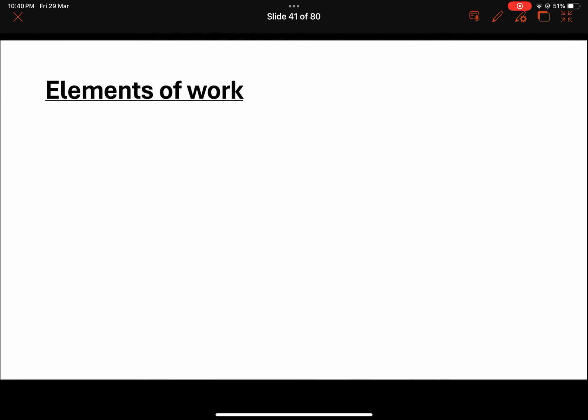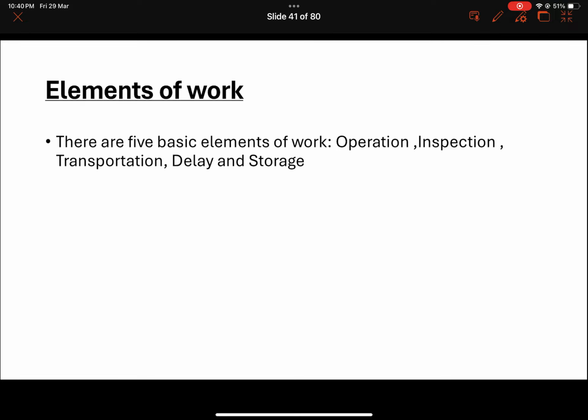Okay, so before we study a flow process chart or different types of chart, these charts make use of some symbols or elements of work to show the outline of how the job is being done. Every work can be divided into 5 main elements. These are the operation, inspection, transportation, when you are moving the material or the product from one area to another, then the delay, and then the storage.